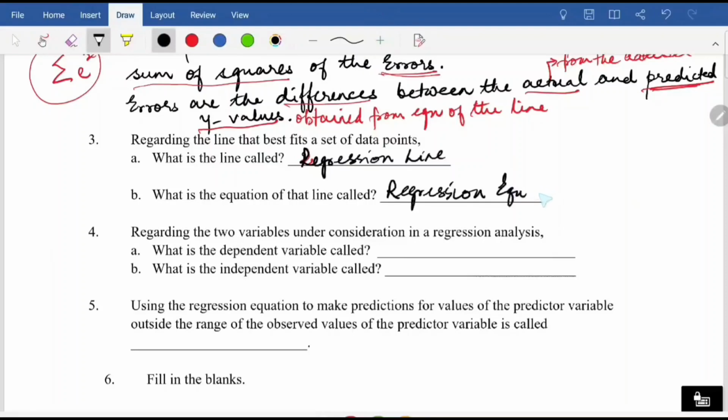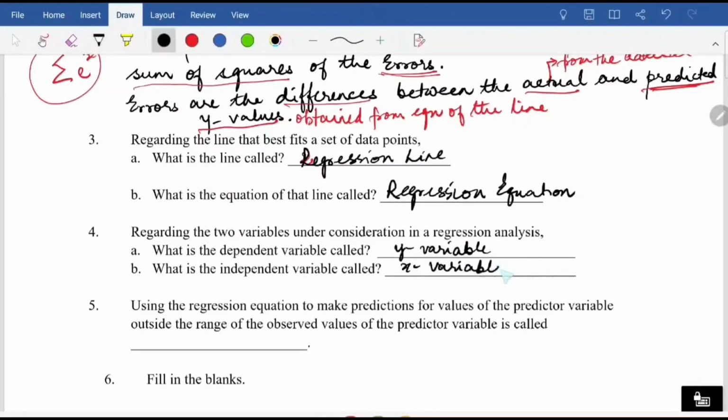Regression equation. Number 4 says, regarding the two variables under consideration in a regression analysis, what is the dependent variable called? The dependent variable is the y variable, whereas the independent variable is the x variable.